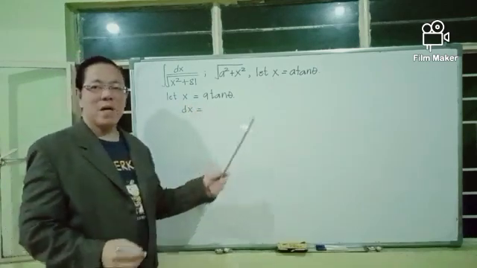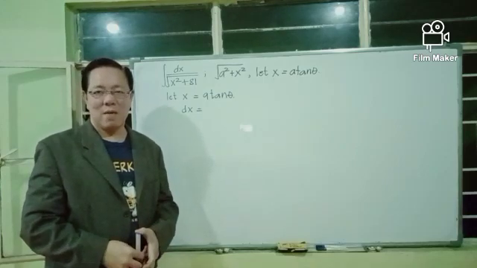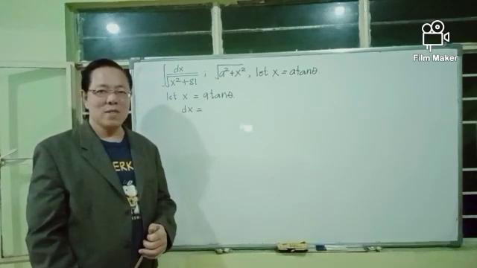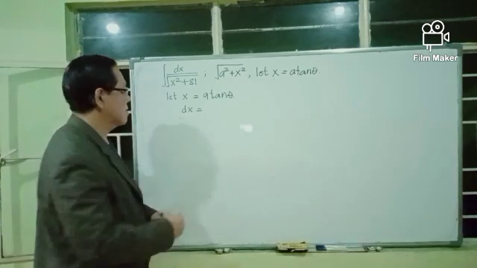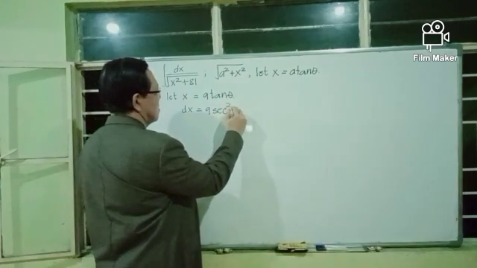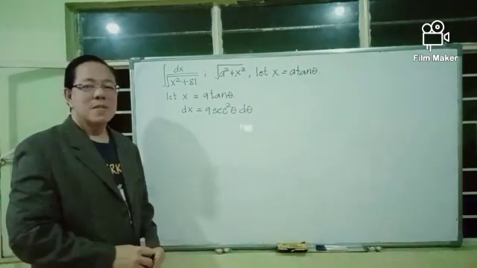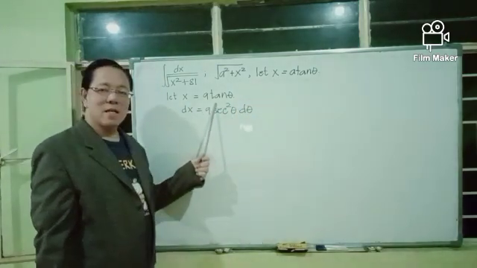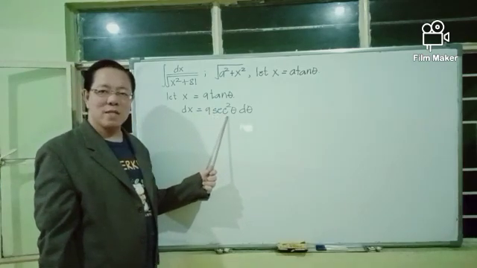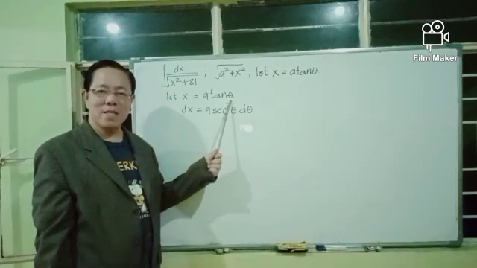And the derivative of the right hand side is 9 times the derivative of tangent theta, and the derivative of tangent from your calculus 1 is secant squared theta, multiplied by the derivative of theta, which is 1, times d theta.